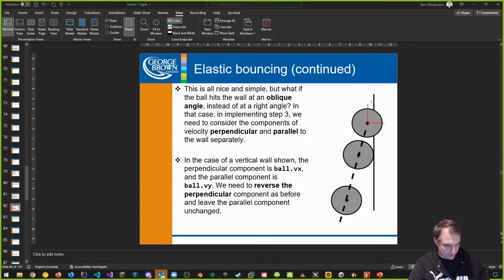Because I've moved into the wall both this way and this way. I need to move some amount back this way and some amount this way, so we can position the ball exactly where it would have collided. Okay, does that make sense? Because now you have an oblique angle.